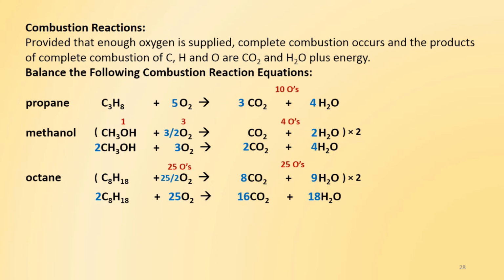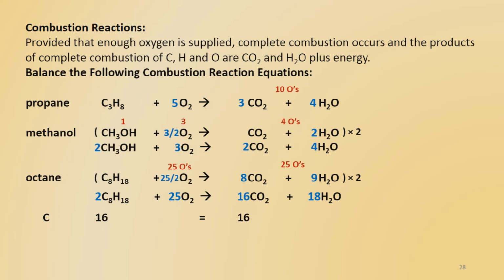Okay, so whenever you are finished balancing an equation, it's always a good idea to, at least mentally, if not on paper, check that in fact all the atoms do indeed balance, are equal on both sides of the equation. So for each element, let's count them up. For carbon, on the left side I see 2 times 8 or 16 carbons, and on the right I see 16 carbons in the CO2.